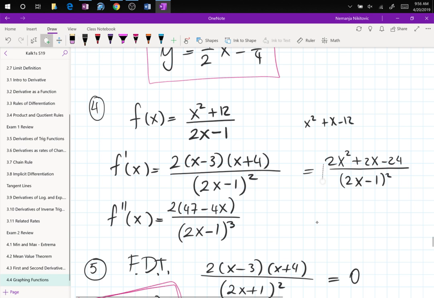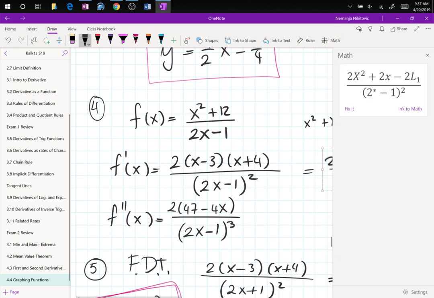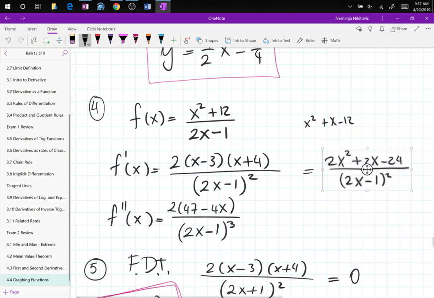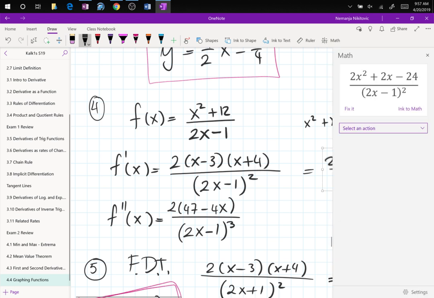All right, let's see if the derivative is going to work better now, or we're going to get the same. All right, got it. Now let's see. Same.